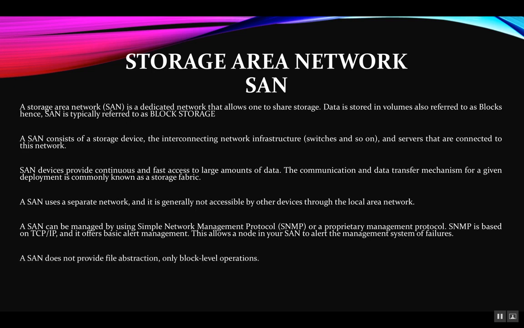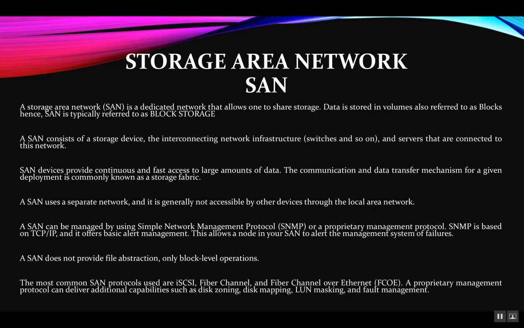A SAN does not provide file abstraction, it only provides block level operations. For file level abstractions, we have NAS. The most common SAN protocols that are used are iSCSI and Fiber Channel over Ethernet. A proprietary management protocol can deliver additional capabilities such as disk zoning, mapping, masking, and fault management.